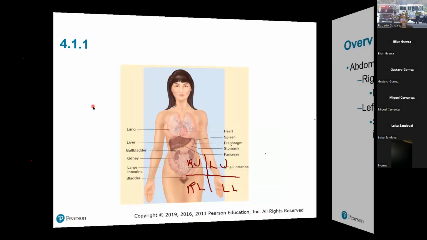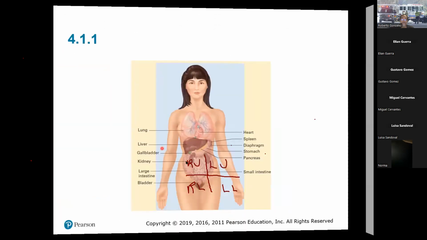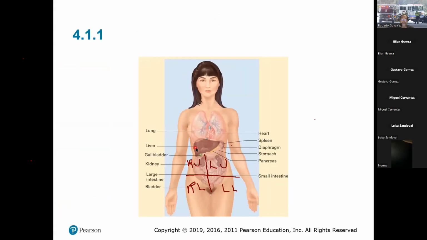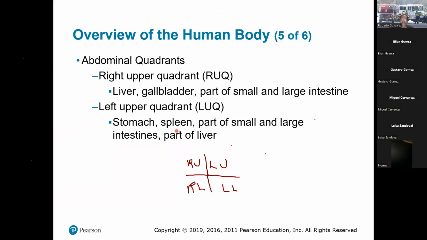So let's go back to this. The right upper quadrant has the liver, gallbladder, part of the small intestine, and part of the large intestine. The gallbladder is hiding on the bottom of the liver itself. The left upper quadrant is the stomach, spleen, part of the small intestine, and part of the liver.